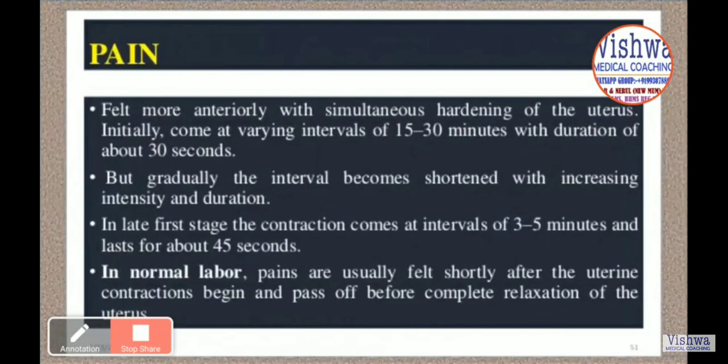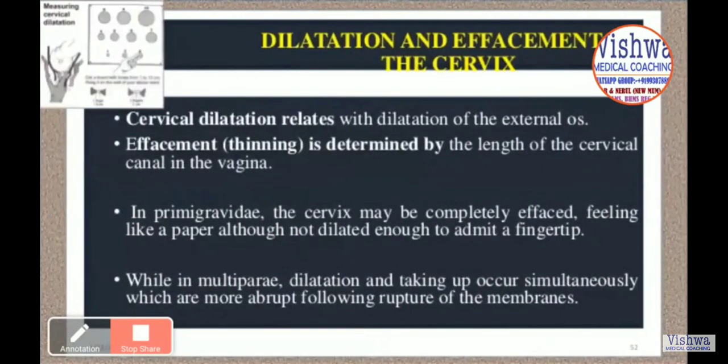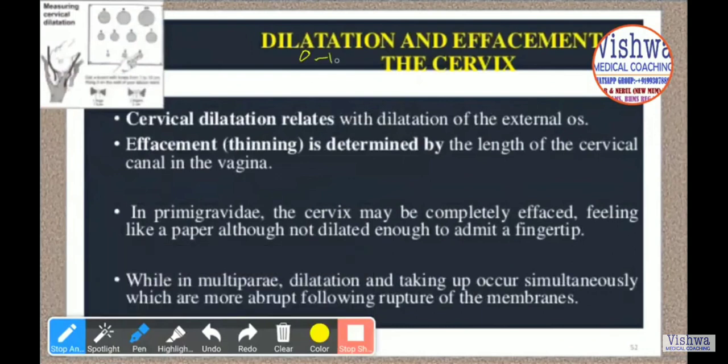The pains are usually about 3 to 4 contractions per 15 to 30 minutes, each lasting for 30 seconds. That is what dilatation and effacement are, which we have also understood. Dilatation is from 0 centimeters to 10 centimeters, and effacement is the thinning of the cervix.